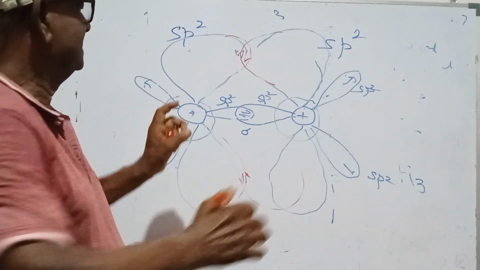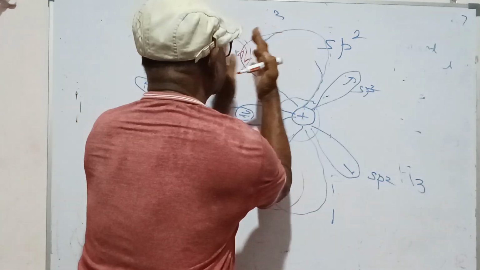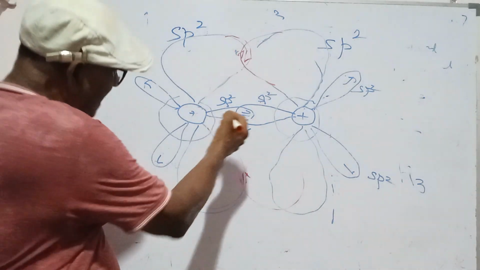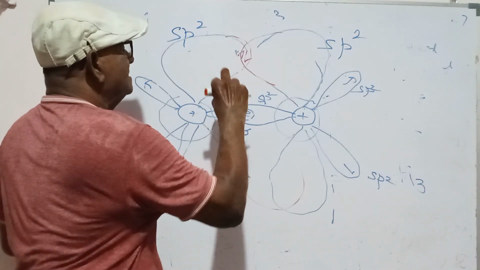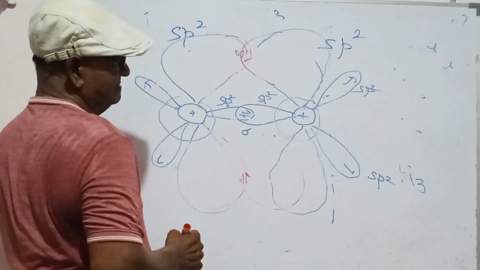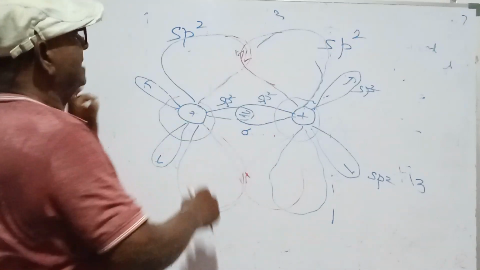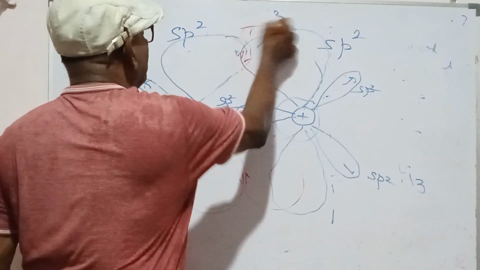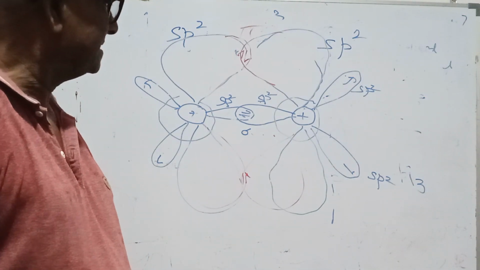Right? These unhybridized p orbitals overlap laterally. So these are linear overlapping. The linear overlapping orbitals form a sigma covalent bond, while laterally overlapping unhybridized p orbitals form a pi covalent bond. Right?